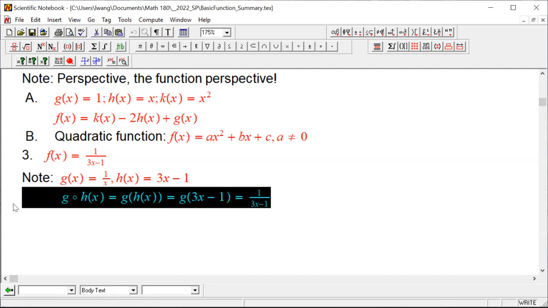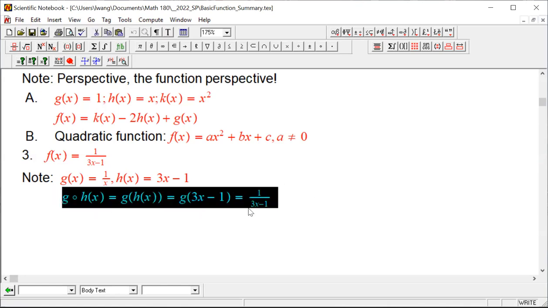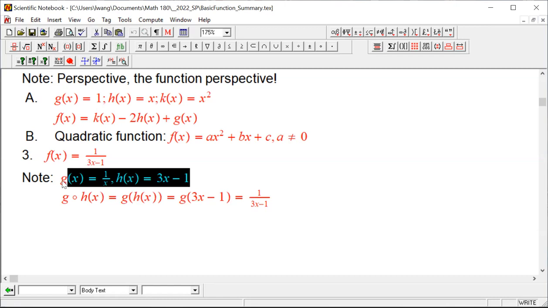This perspective is very important in the future when you're taking calculus classes. You will need these composition and decomposition. So this process we just did is decomposition: you decompose it into two simpler functions.